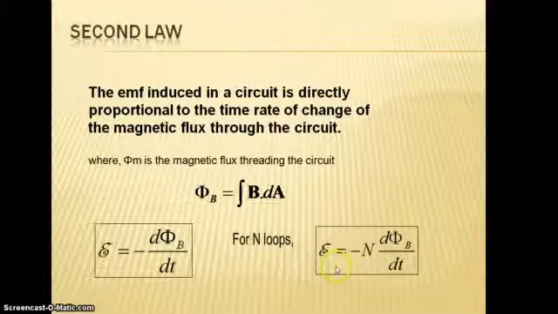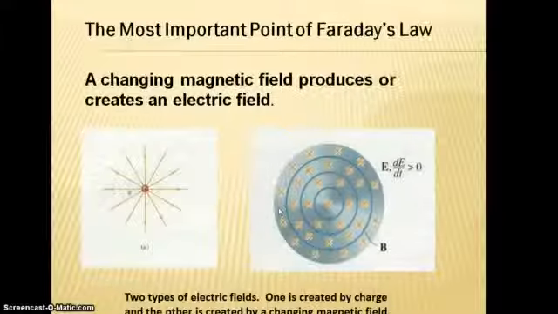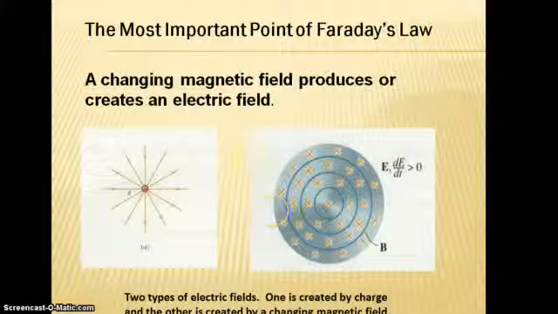If there are n turns or n loops, then the formula will become minus n d phi by dt. The minus sign will be explained later in the video. So the most important point which we should keep in mind is that a changing magnetic field produces an electric field.